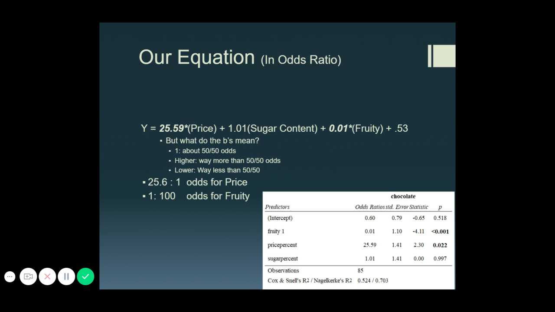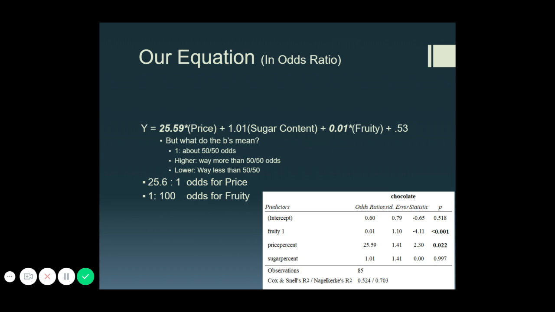That means that there's about a 25.6 to 1 odds that your dependent value will be chocolate if the price increases. So as the price increases, your odds go up relatively more on a scale of 25.6 to 1. This is in contrast to sugar, which has a value of 1, which means it's about 50-50 odds, about a 1-to-1 relationship. So your odds do not increase, and there is no real relationship or relative increase in probability on your dependent variable.